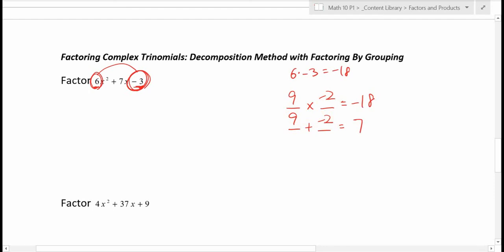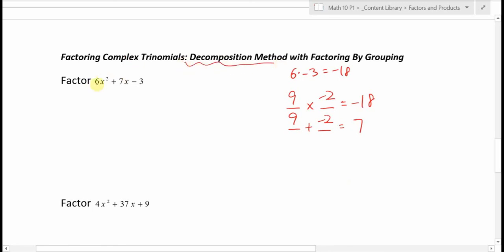Okay, so these are the two numbers. Now it's not just like in the previous example, where we have our answer as x plus 9 and x minus 2. However, this is not going to work because you can see clearly x times x is not 6x squared. Instead, we're going to use the decomposition method to factor this.